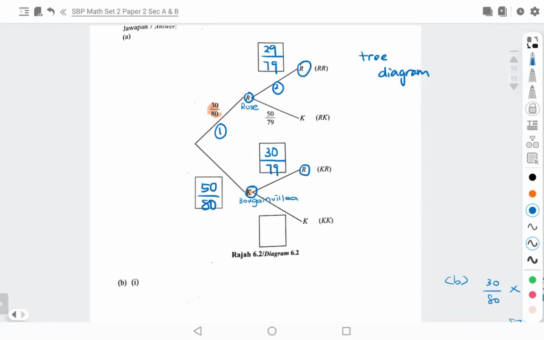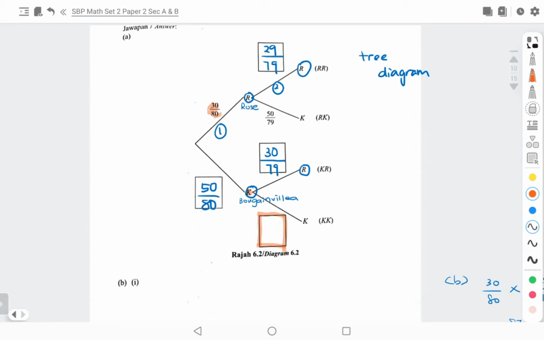What about this one? Can all of you try? You type in the chat box. So basically, it splits. So what's the answer?